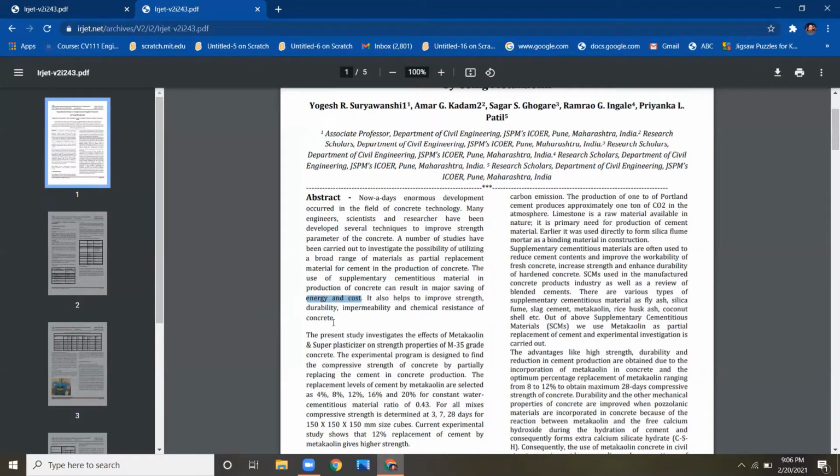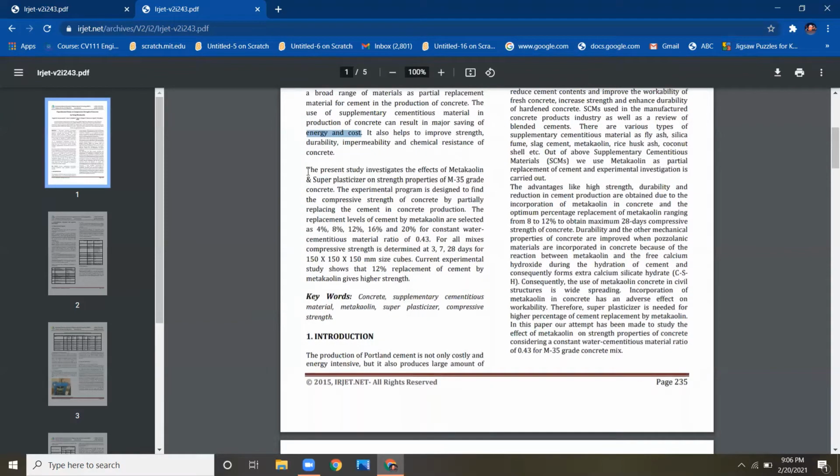It also helps to improve the strength, durability, impermeability, and chemical resistance of concrete. The present study investigates the effects of metakaolin and superplasticizer on the strength properties of M35 grade concrete. So they used metakaolin and superplasticizers to improve the strength properties of the concrete, in the category of M35 grade concrete.